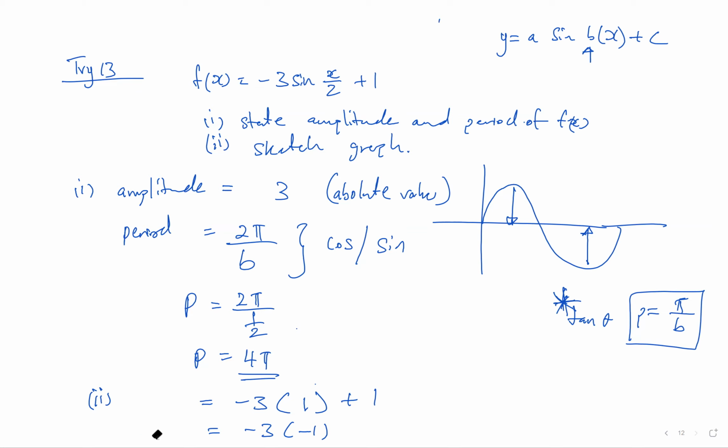I let you all see first. Even if I put this one, I'll still get a lower value. This one I'll get a higher value. So it's reversed. So this is minus 3 plus 1, minus 2. This one will become 4. Sorry, yeah, 3 plus 1, 4. So this is your maximum value. This is your minimum value.